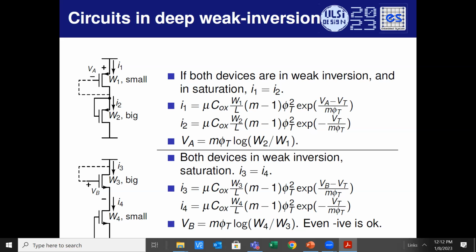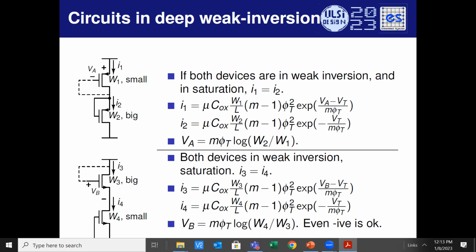Let's pause and think a little bit. As long as the two currents match, the gate voltage doesn't matter. It has to be in weak inversion and it has to match. That's all. That's why I've put a dashed line over there that you may connect it to VDD. You need not. It can be any voltage.